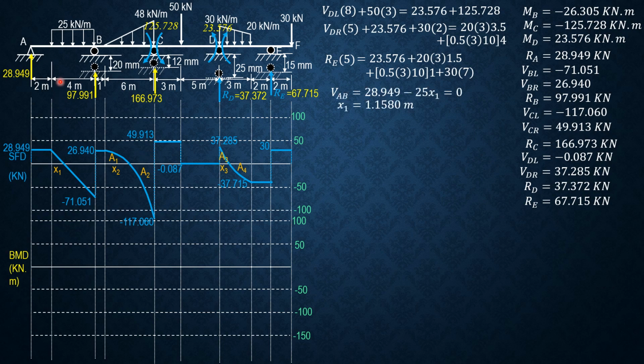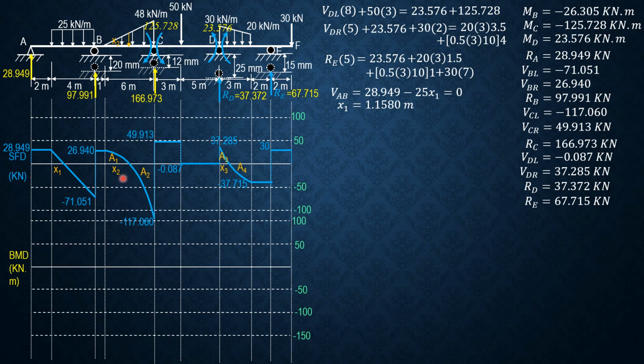So shear AB is 28.949 minus 25 times x1, and equate to 0. So 25 times x1, project above. So x1 is 1.1580 meter.